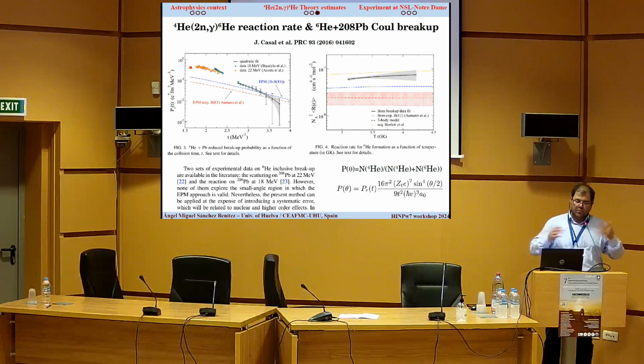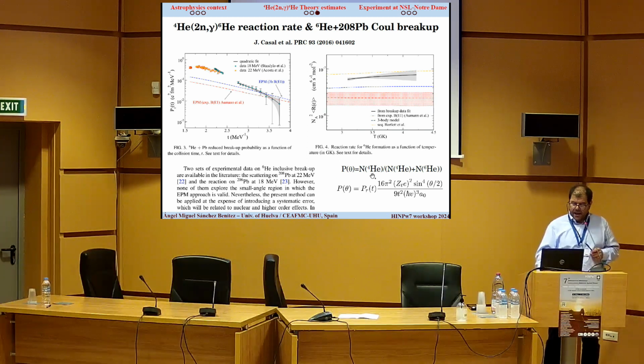So some nuclear interference is expected, as they claim here. But they could infer the reaction rate for this three-body reaction forming helium-6. But they say here, okay, we should measure at lower angles and lower energy.